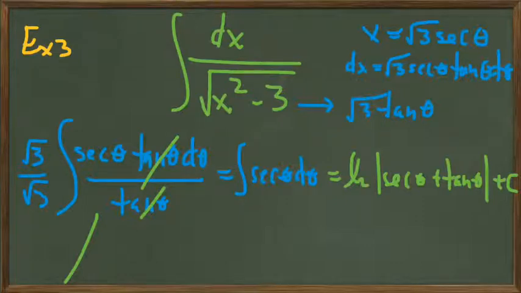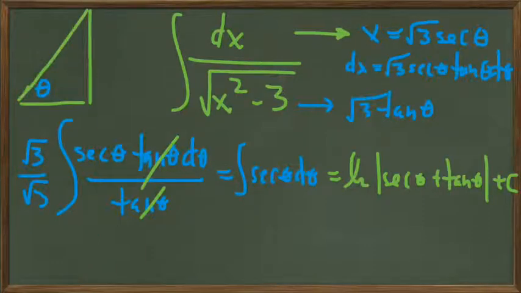So let's set up the triangle that comes from this substitution that we did. If we go back to this substitution right here, x equals square root of 3 secant theta, that's the same as theta equals secant inverse of x over square root of 3.